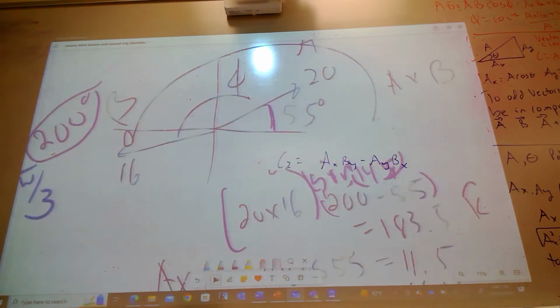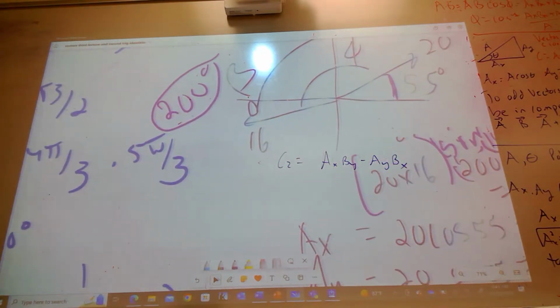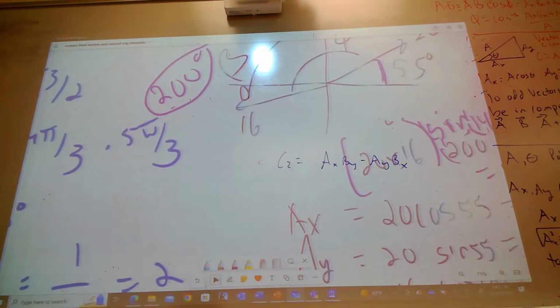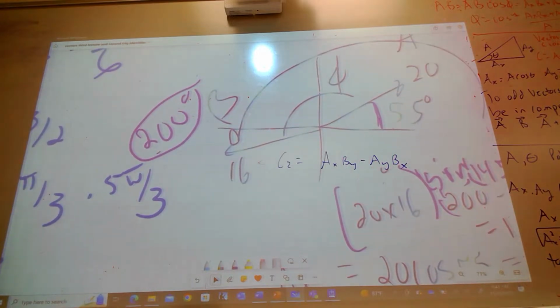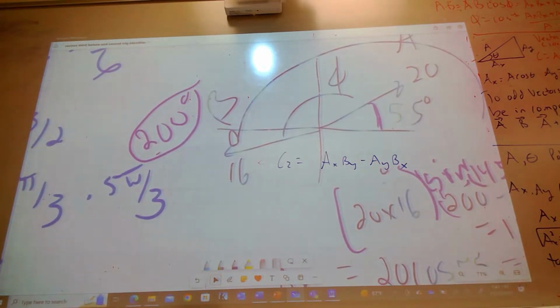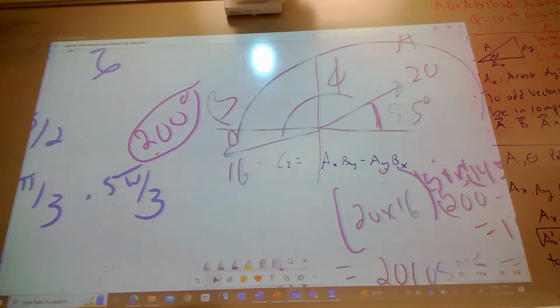Twenty cosine 55 is your AX. 20 sine 55 is your AY. What's the angle you use for B? Well, that would be fourth quadrant. This is in the third.